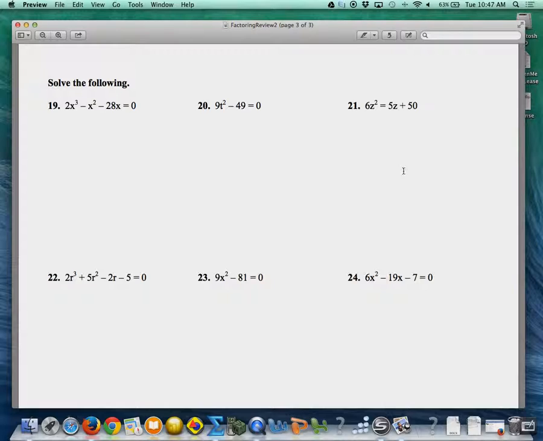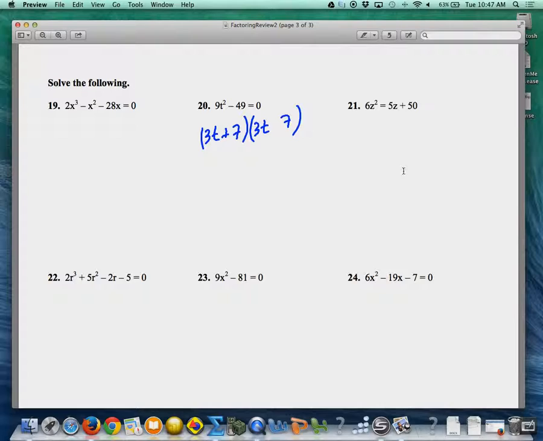Okay, problem 20. This looks exactly like the problem that we just did. What do you know about 9? It's a perfect square. What do you know about 49? It's a perfect square. Okay, so to get 9t squared, I have 3t and 3t. To get 49, I have 7 and 7.